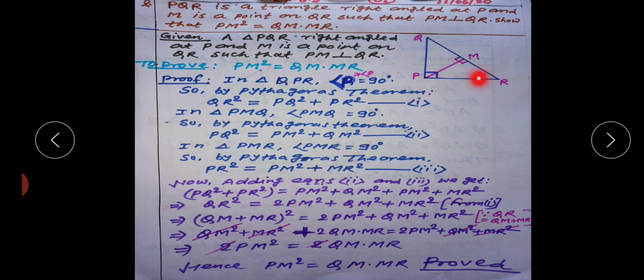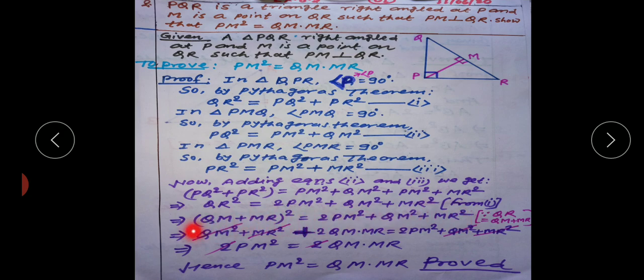Now see in the figure, this length QR is equal to the sum of line segments QM plus MR. So this QR can be replaced by QM plus MR, and a square is there, so it will be the whole square, and it will be equal to 2PM square plus QM square plus MR square.